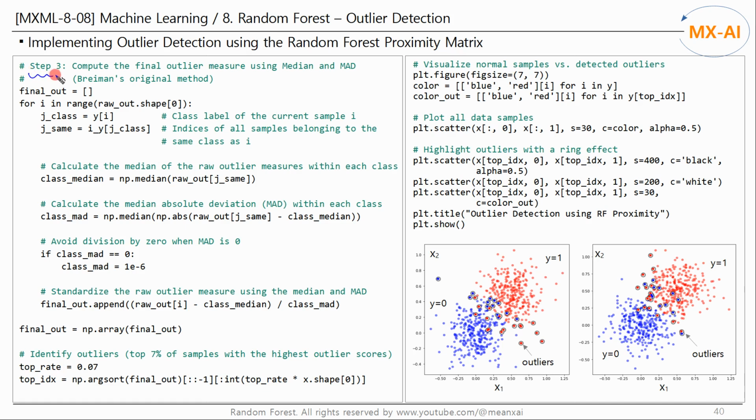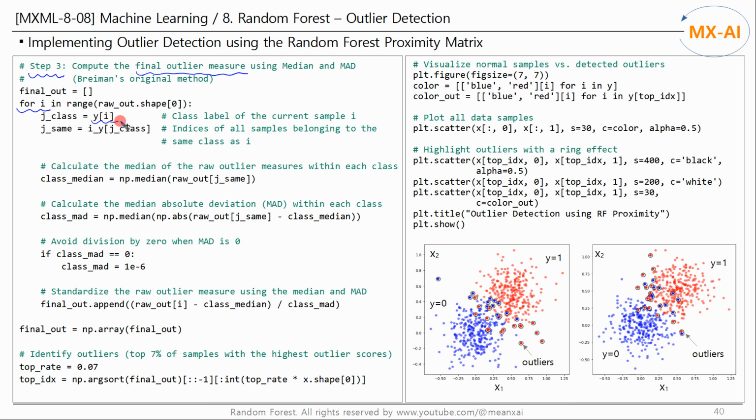Now let's move on to the third and final step, where we compute the final outlier measure. The purpose of this step is to standardize the raw outlier measures so that they can be compared fairly within each class. As before, we iterate through all the samples.